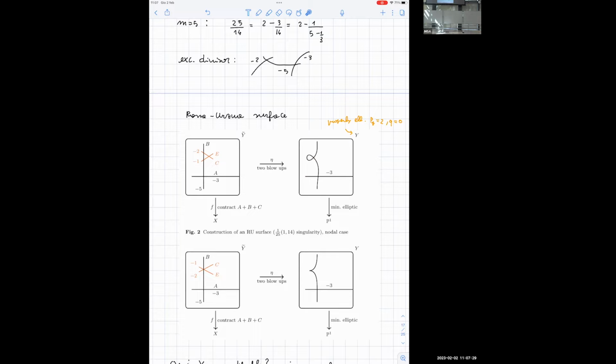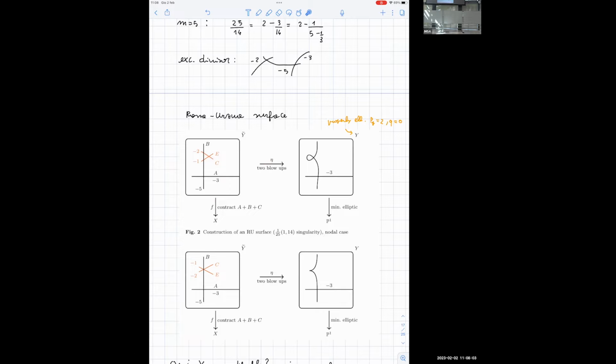It's not in the picture, but you create a -1 curve intersecting twice the blow up of this. And then you blow up at one of the 2 intersection points, as shown here. So here we have the -5 curve, which is the strict transform of the singular fiber. The -3 curve is the section that was already there. And the strict transform of the first exceptional curve gives you the -2 curve.